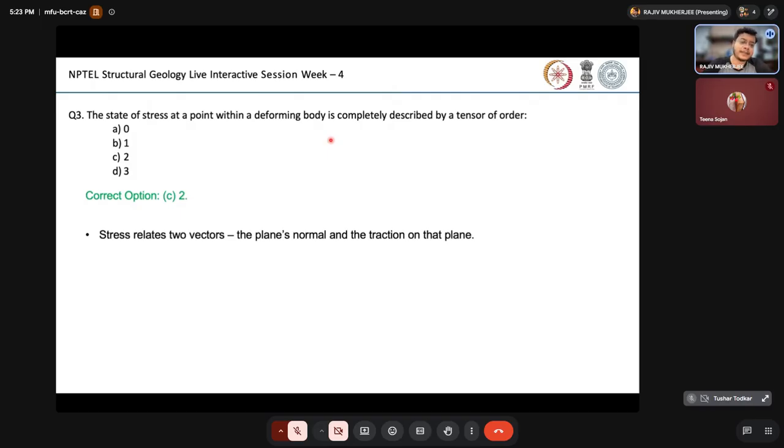But if I consider only the traction, it will have only one component because it is a linear thing, right? It involves only one direction.